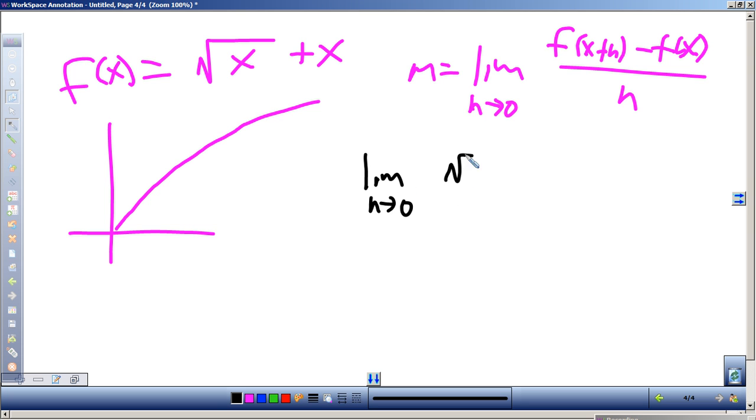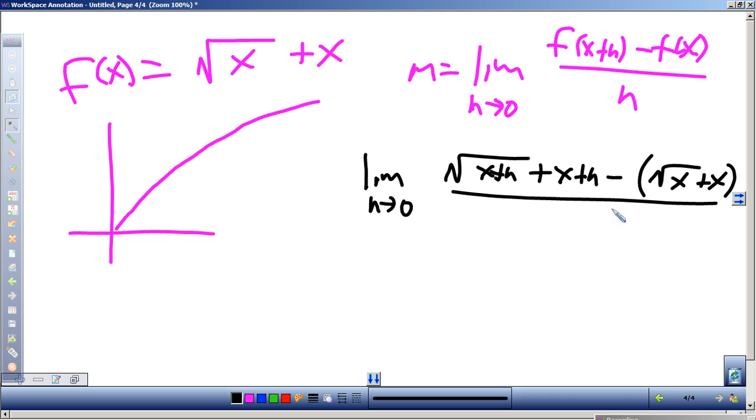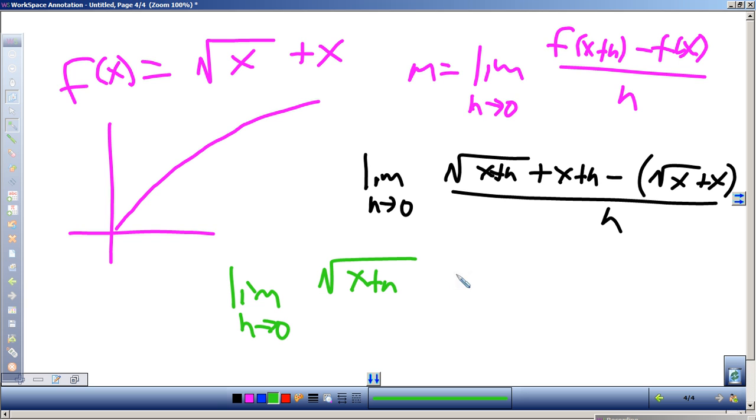The square root of x plus h plus x plus h minus square root of x plus x all over h. See where that came from? Anybody lost? Okay.